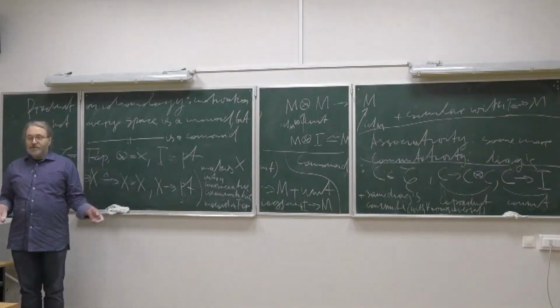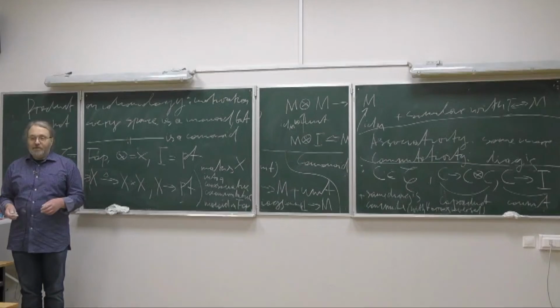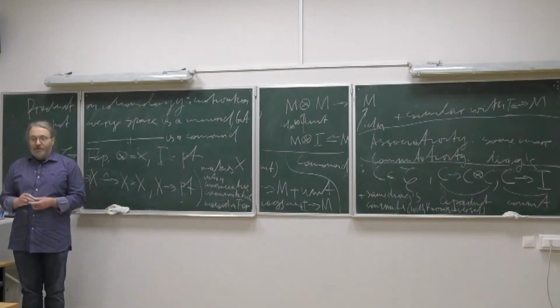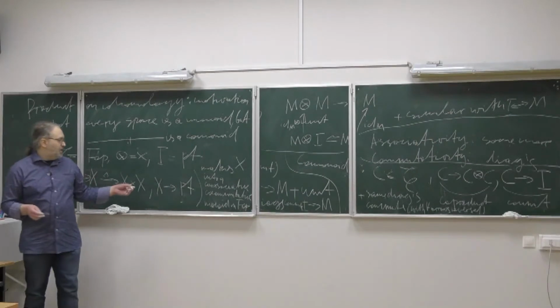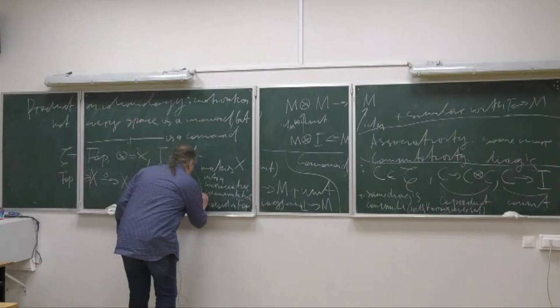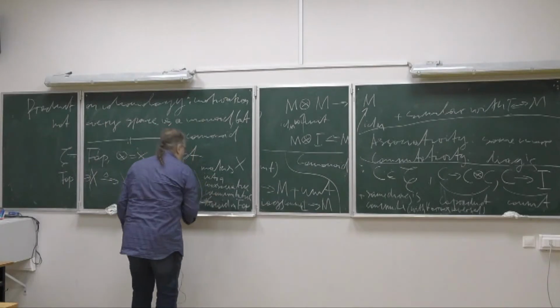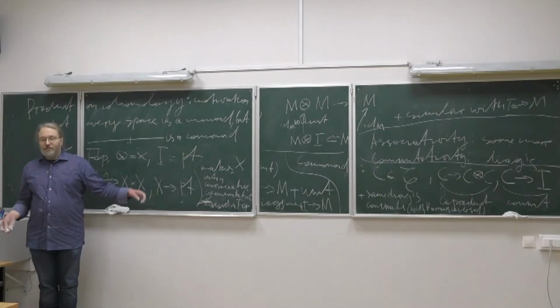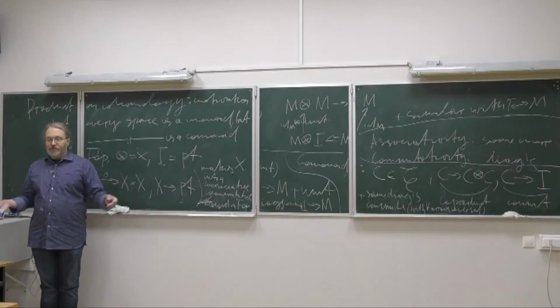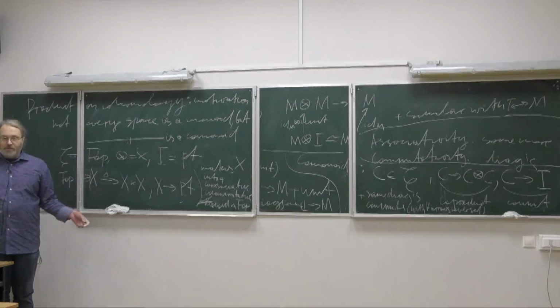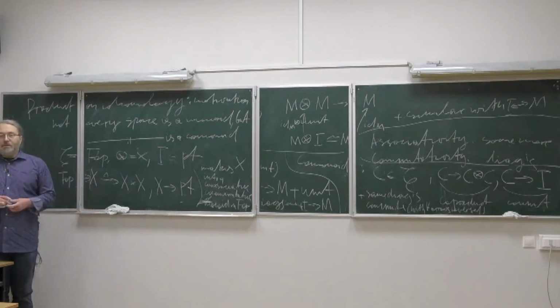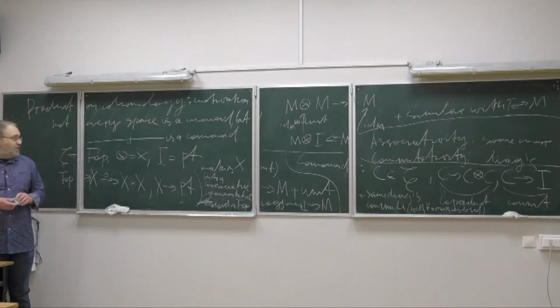And this is the idea behind the product on cohomology. Not every space is a monoid. Oh, sorry, comonoid. Every space is a co-associative, co-commutative comonoid, but not every space is a monoid, associative, commutative, or otherwise.